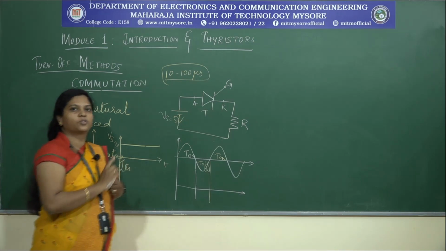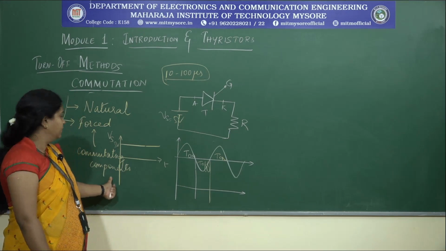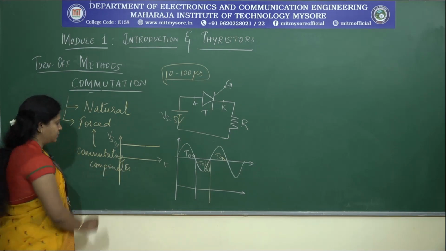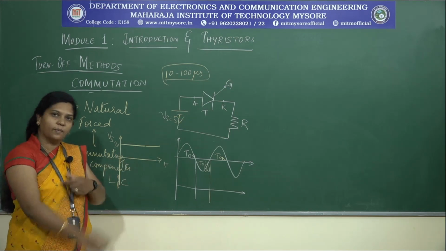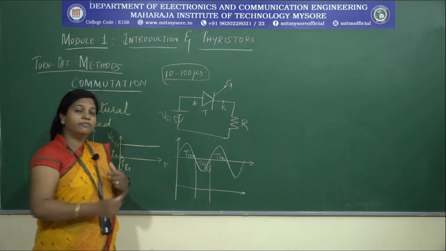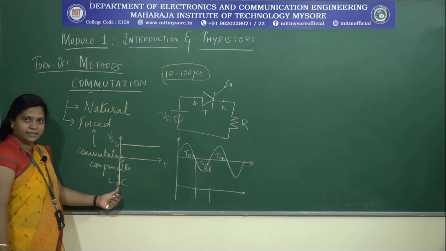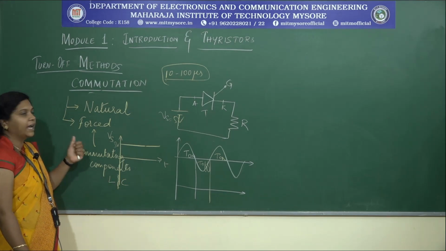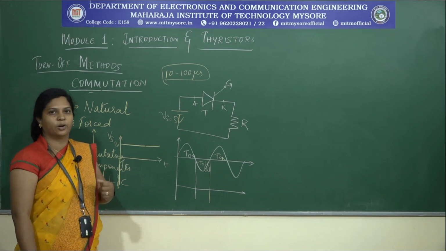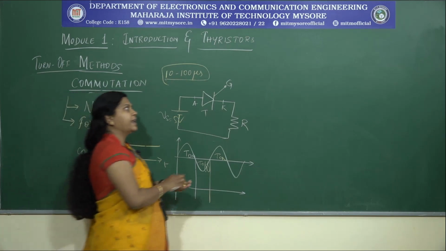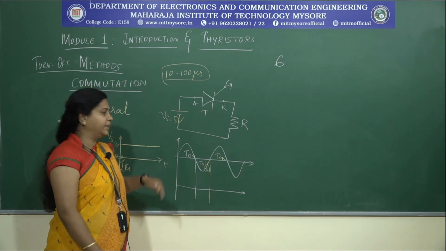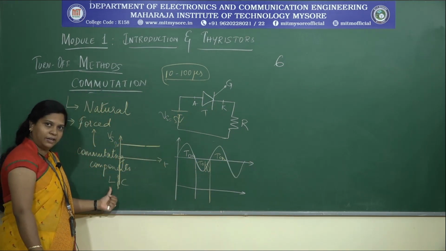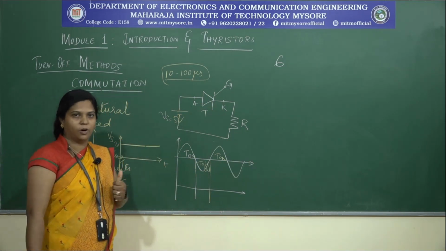Commutating components usually are L or C or a combination of both. There are different combinations of L and C by which we have different classes of commutation. Totally there are 6 classes, by having a different arrangement of the commutating components.